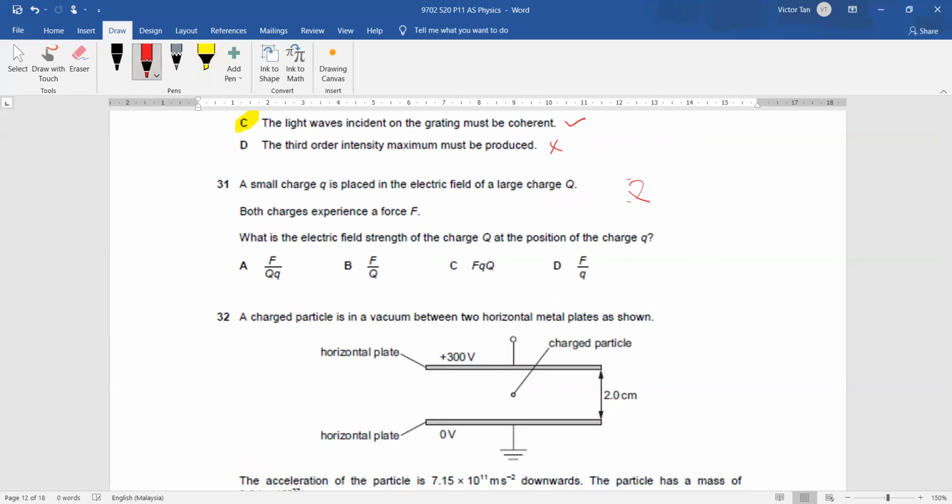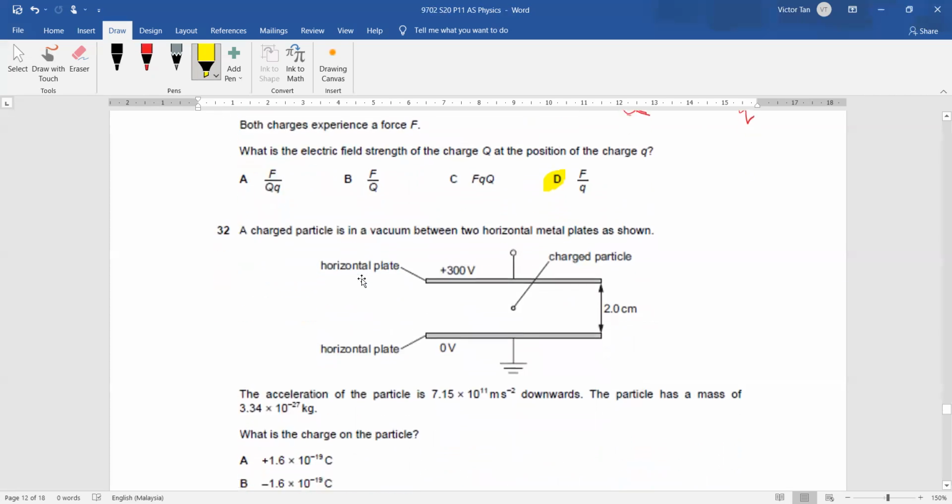This is q. This is Q. Of the charge Q, this charge, electric field strength here. So it's F over q. Force, electric force of a charge. It's the electric field strength of the charge Q.